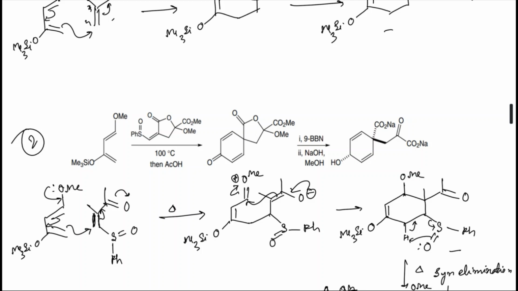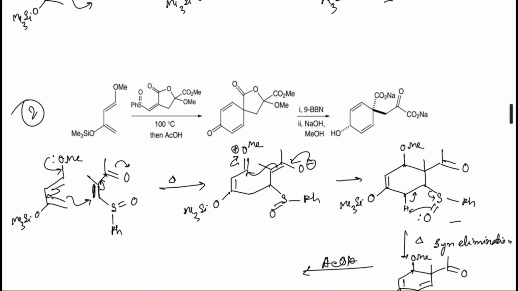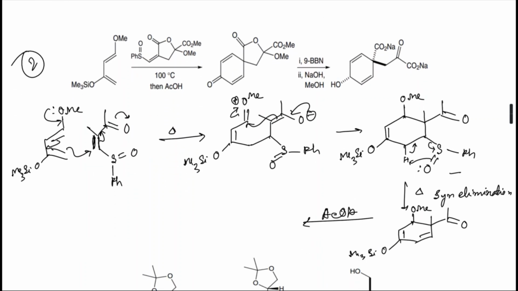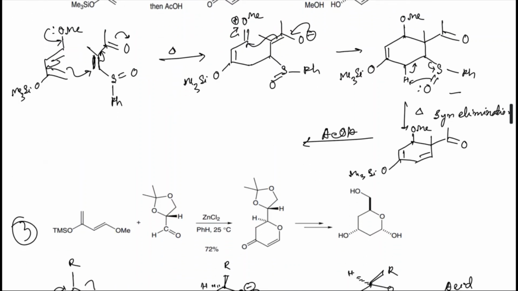Then again a syn elimination reaction will take place with the help of sulfoxide, and then this. I will draw the mechanism later: when the product with Danishefsky's diene is treated with acid, under acidic conditions hydrolysis, what will be the final product, that I will draw later.